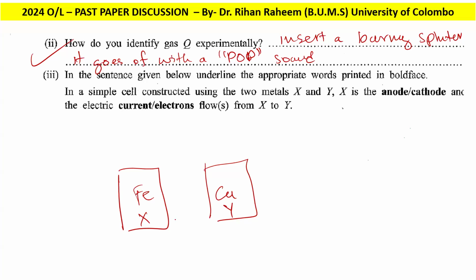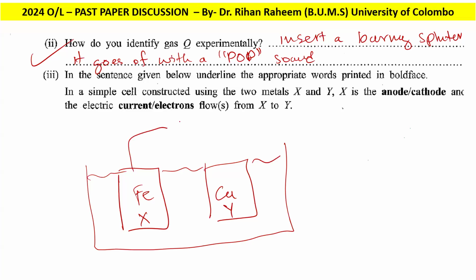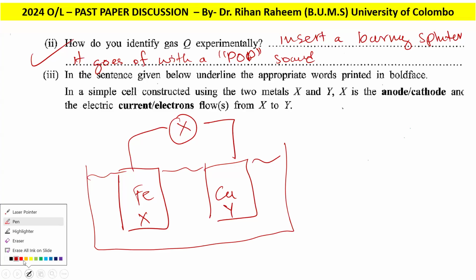If you make an electrochemical cell, what is an electrochemical cell? You put acid, soak these two metals, fix a wire, keep a bulb, and check whether the bulb is getting on. Remember, two metals are there. Which metal will undergo oxidation? Fe, because Fe is more reactive. So Fe will undergo oxidation.